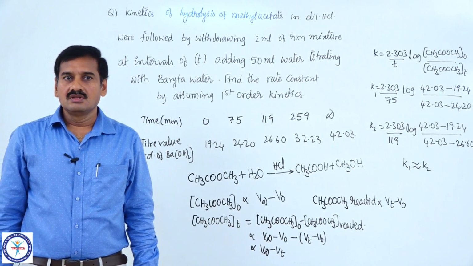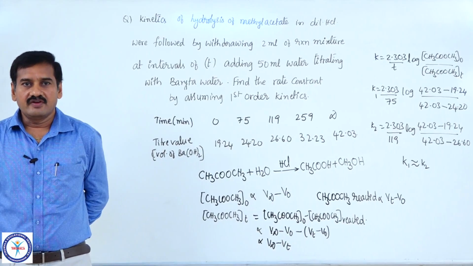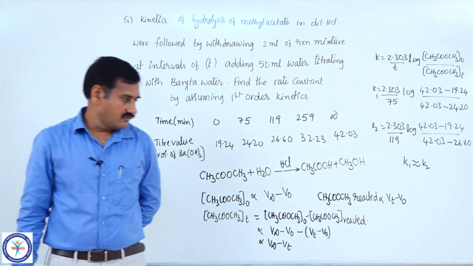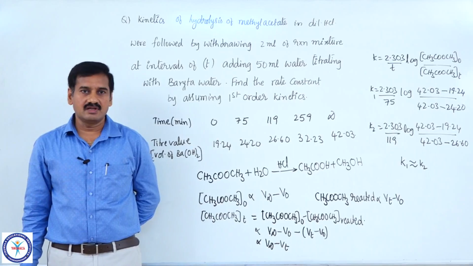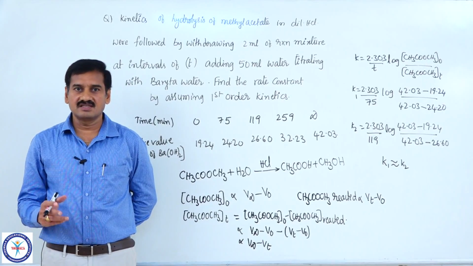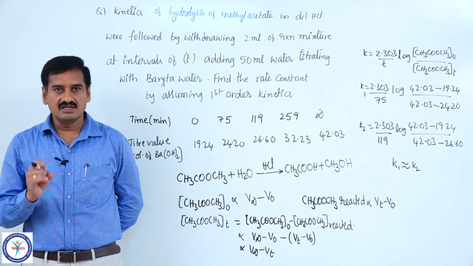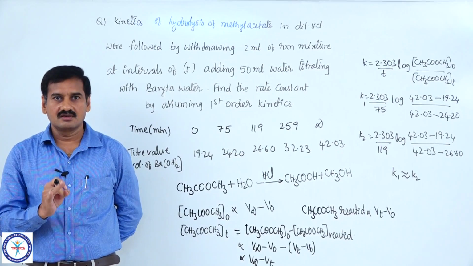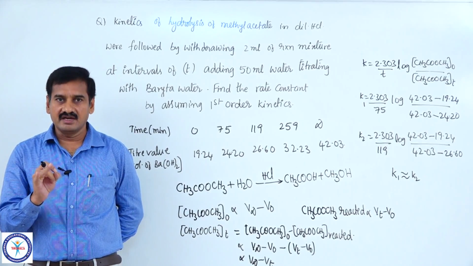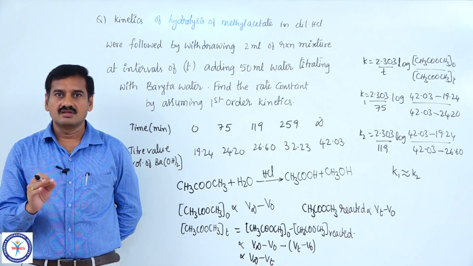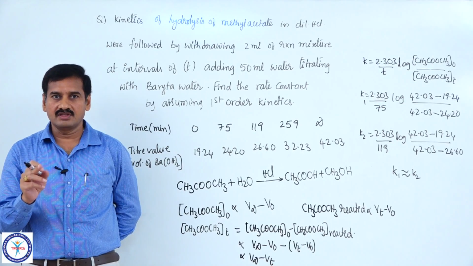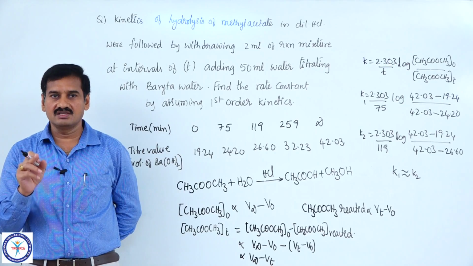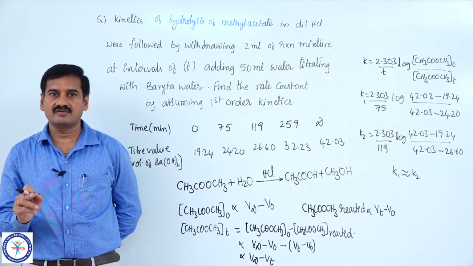So, these are different methods for calculation of order of reaction experimentally. The different methods we discussed are initial rate method, Ostwald's isolation method, then integrated rate equation method, that is using K equal to 2.303 by T into log initial concentration by concentration left.